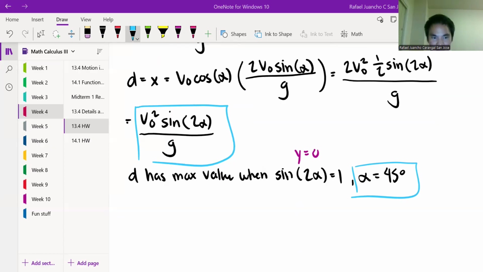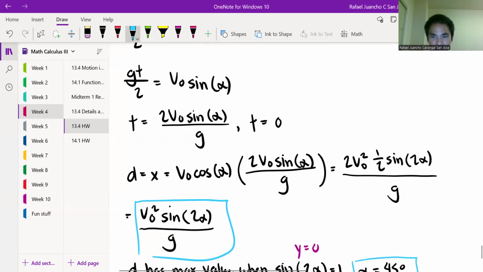What's this? I simplified it. Can I just say sine alpha? Let me just do that. Let me see if it works. Should work, right? Oh, it wants me to say something about it.